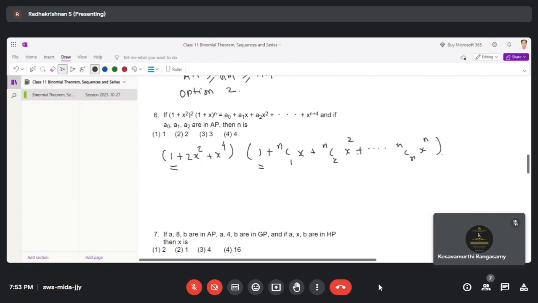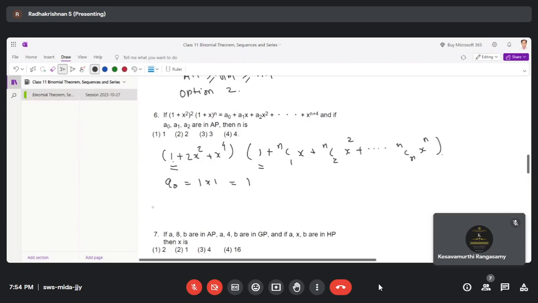And 1 and x^2 is going to have x^2, and so on. x^2 and 1 is going to have x^2 again. We are going to take all combinations in this product: 1 into 1, 1 into nC1 x, 1 into nC2 x^2, and so on, again 2x^2 into 1, all such combinations. Out of this, only this 1 into 1 will be constant. So A0 is 1 into 1.